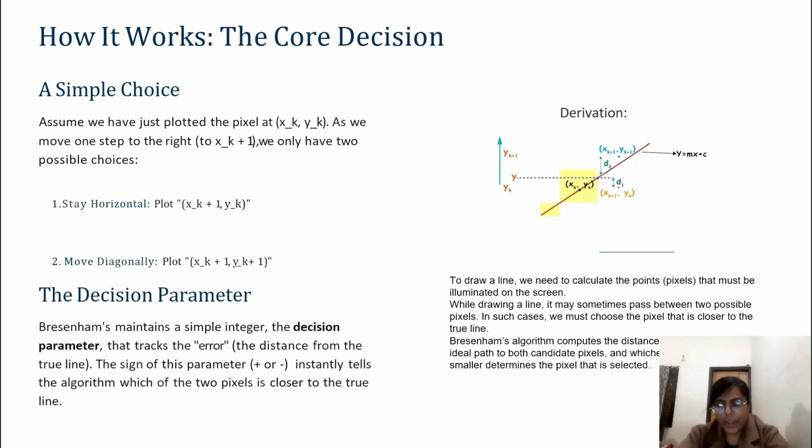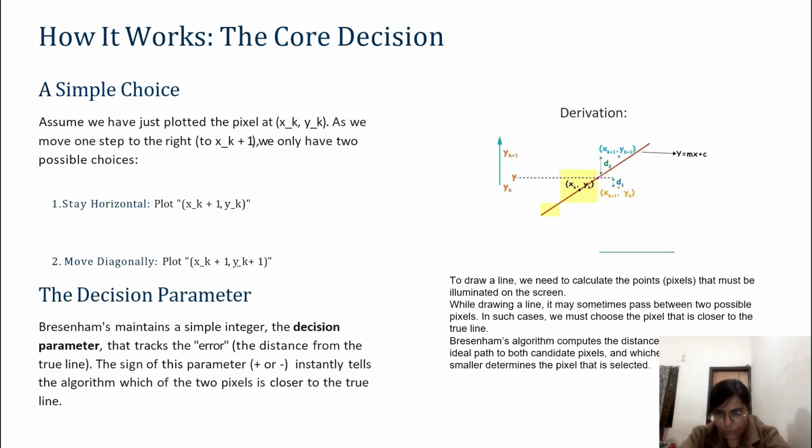Here's the main idea of Bresenham's algorithm. Suppose we plotted a pixel at some arbitrary point, let's say xk and yk. The next position is xk plus 1, and now we must choose between two pixels. Either we stay horizontal and plot it, or we move diagonally. We think about which is closer to the actual mathematical line.